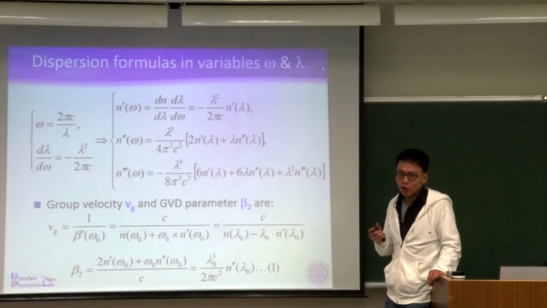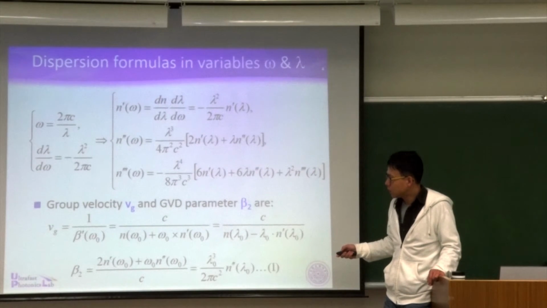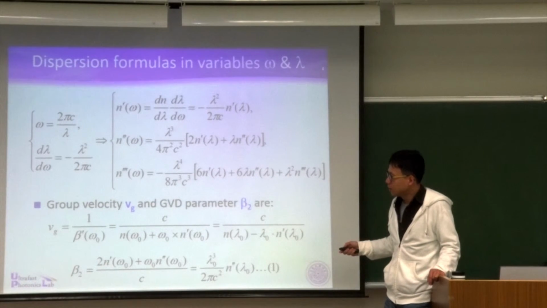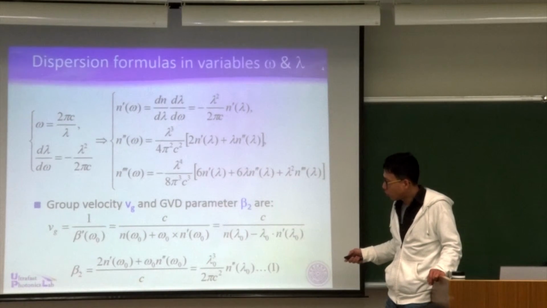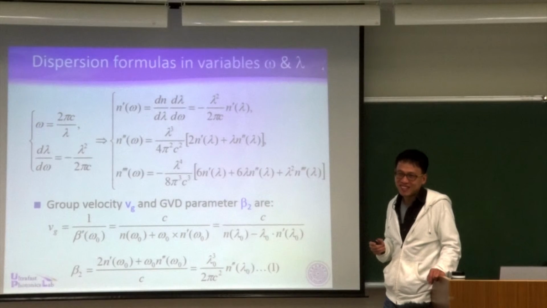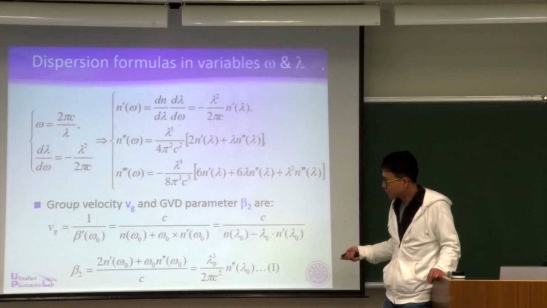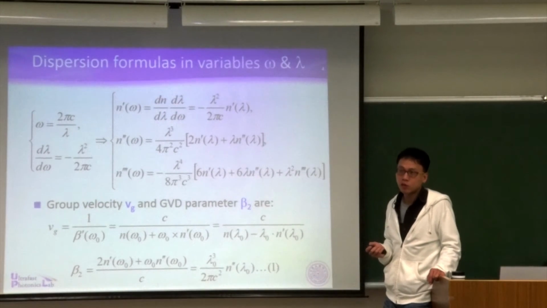So what can we know from these derivations? The GVD parameter, beta 2, can be evaluated either with this formula or with this formula. And usually the latter one is more popular because it involves a single second order derivative only.